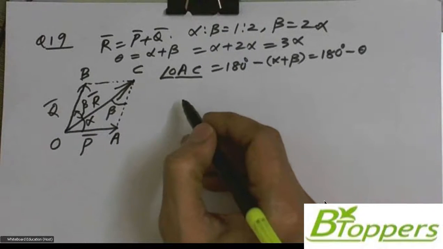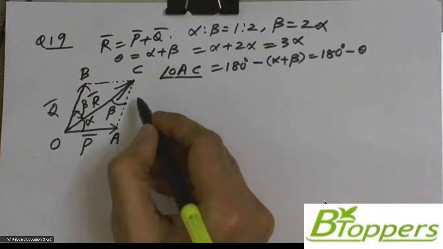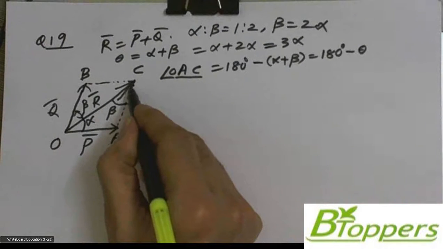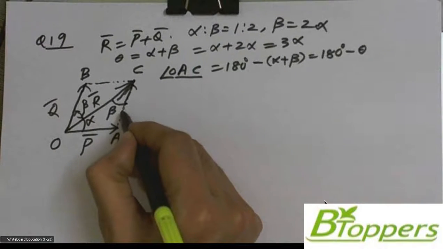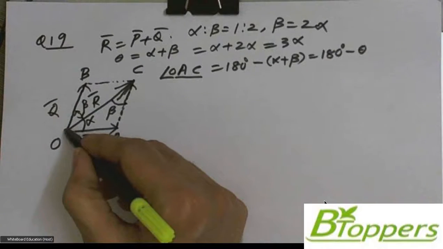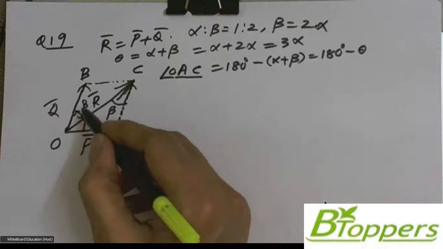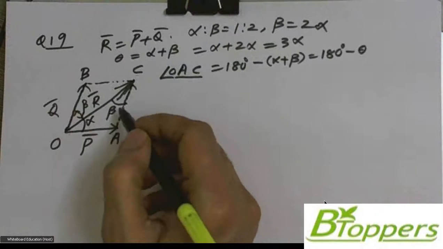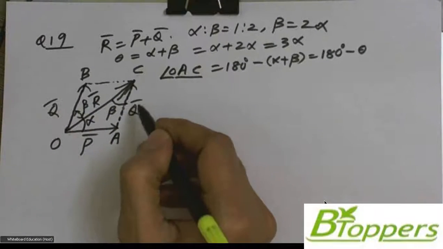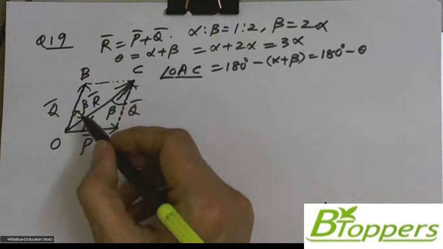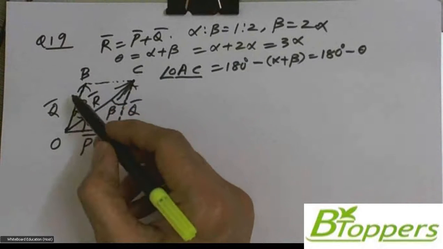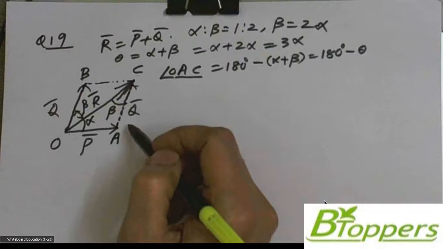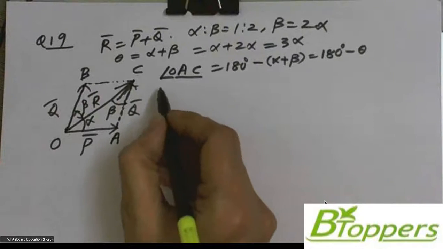Now apply the sine rule in the triangle OAC. The length of side AC is the same as the length of side OB, because OACB is a parallelogram and opposite sides have equal length. So the length of side AC equals the length of the line OB, which is equal to mod of Q bar.